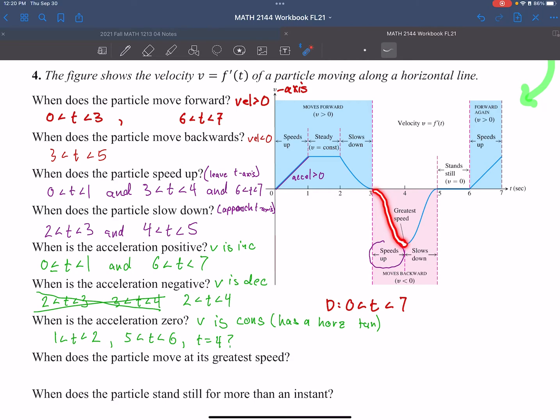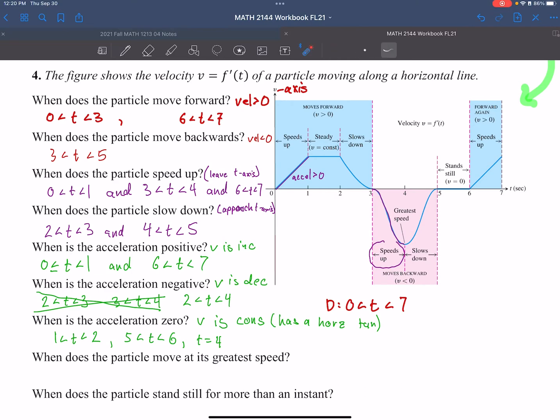Oh, okay, I see why. Because gravity, I was talking about gravity earlier. Gravity doesn't change, but this is a particle that is basically moving. So you can see right here, it is speeding up, and you can see right here, it is slowing down. So all of a sudden, the actual acceleration changed directions. This is good. I had gravity stuck in my head for some reason, and I'm like, gravity doesn't change directions.